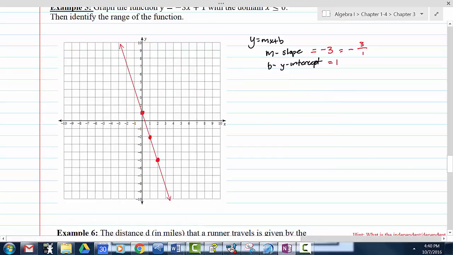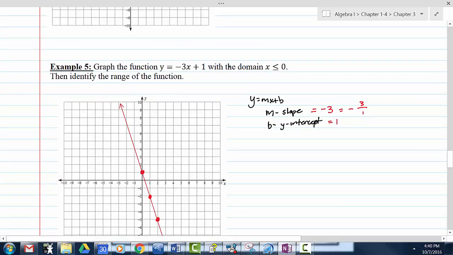Now notice, once I draw that line, remember what my domain is. My domain is x is less than or equal to 0. If my domain is x is less than or equal to 0, that means the points I'm talking about are all over here.